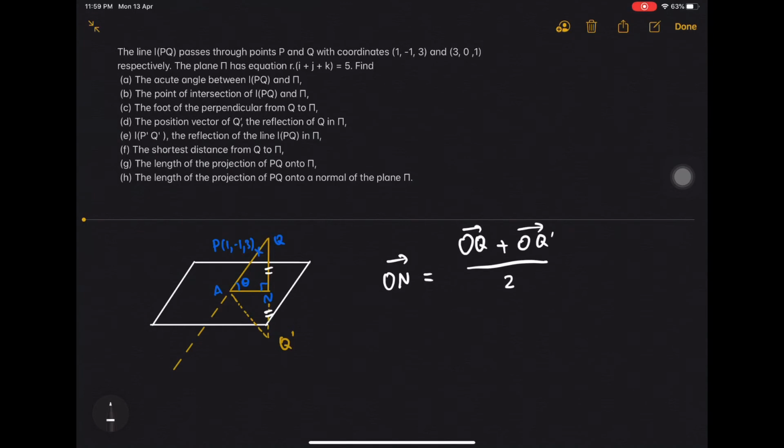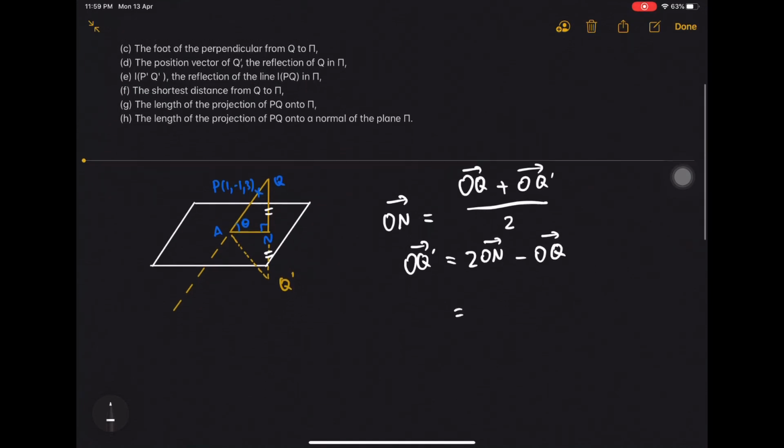So we're going to move this around. You get OQ prime equals 2ON minus OQ. Since we have found our coordinate for ON, we just have to substitute inside here, and my coordinate of OQ is given to me in the question, so you can just put it down inside.